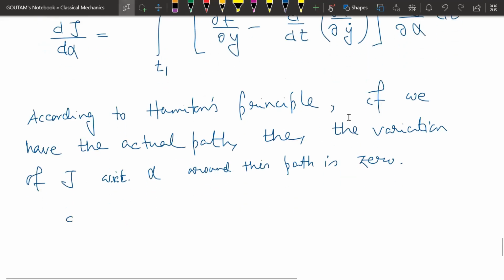So that means dJ/dα around the actual path equals 0.